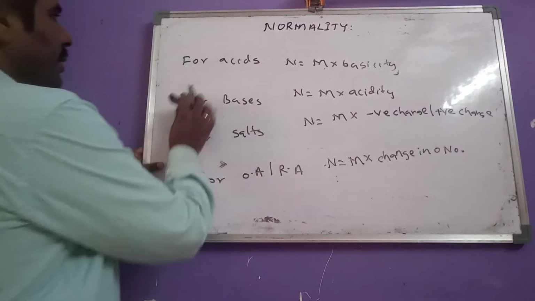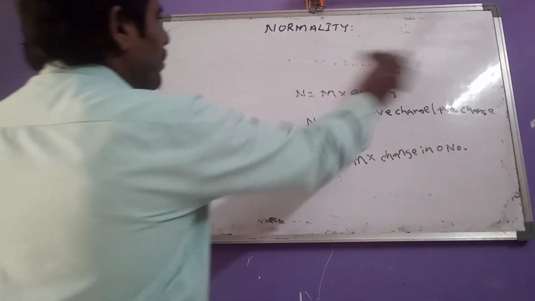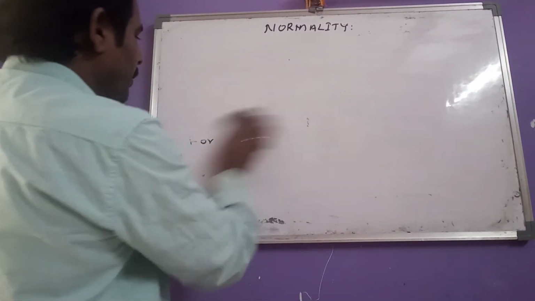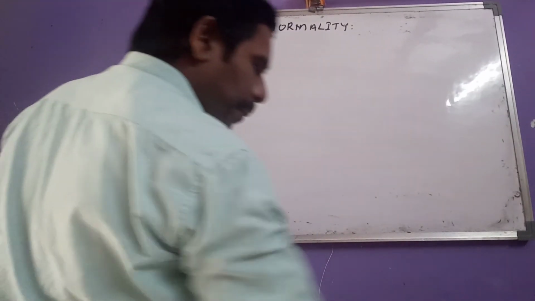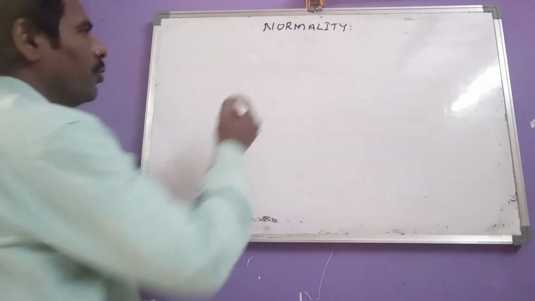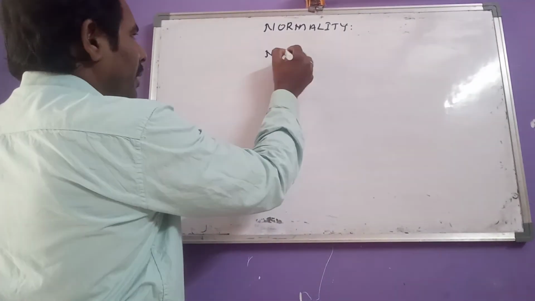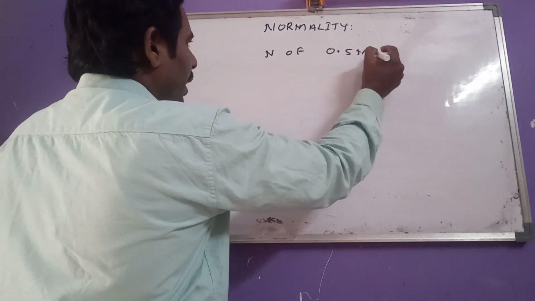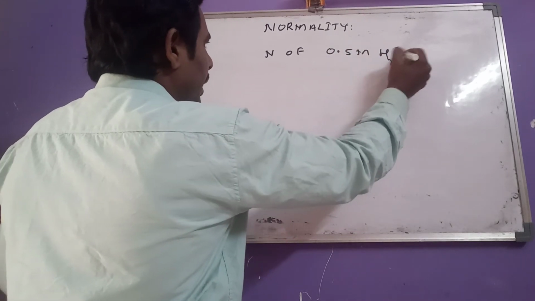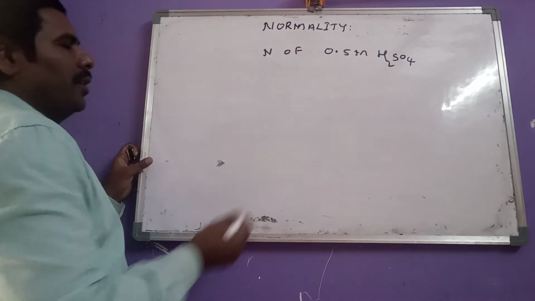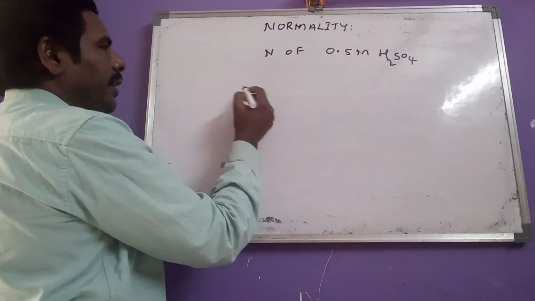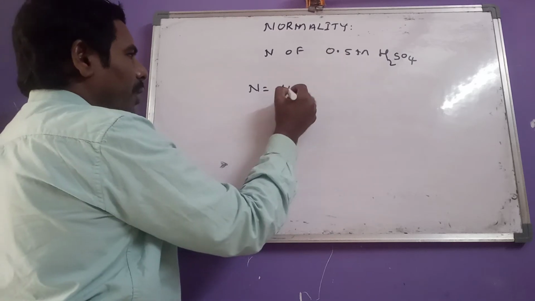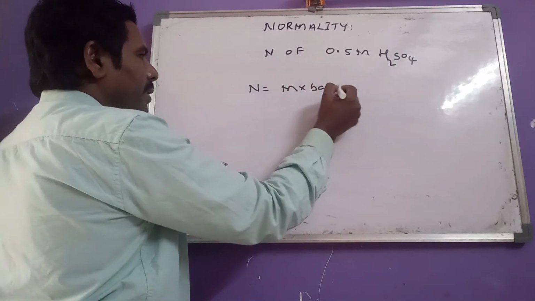First one is, what is the normality of 0.5 M H2SO4? As it is an acid, normality equals given molarity into basicity.